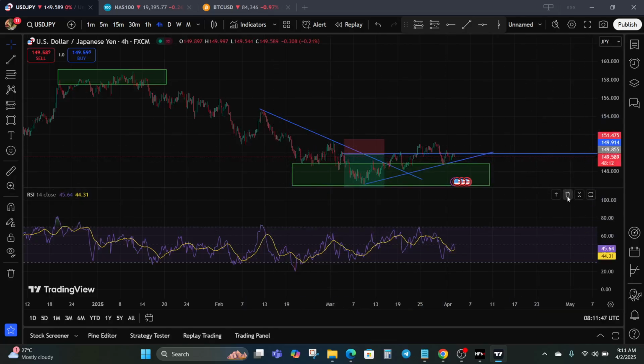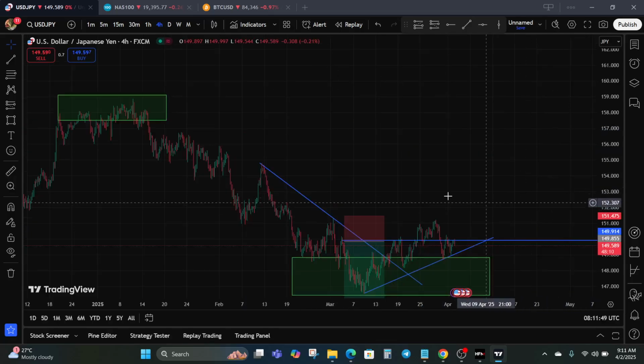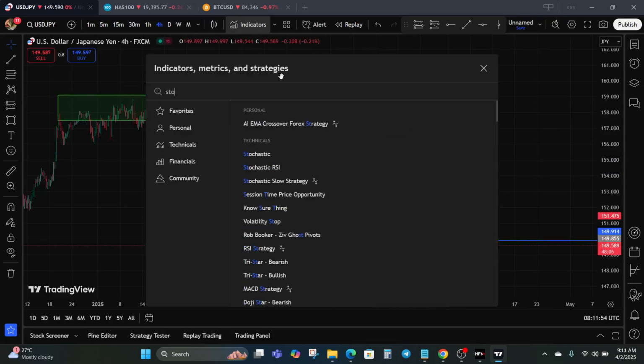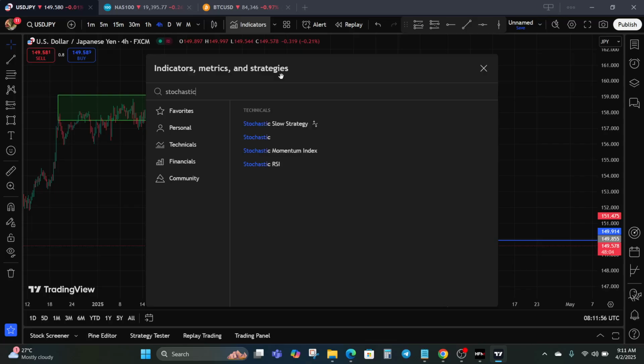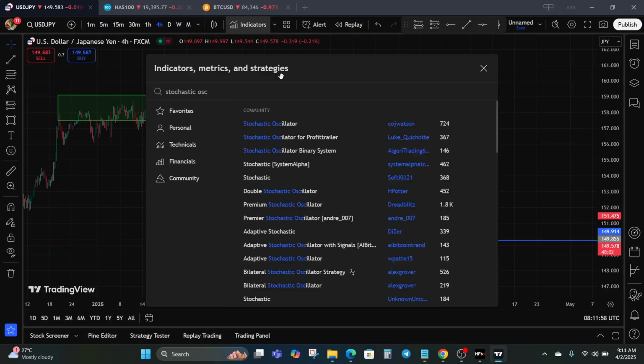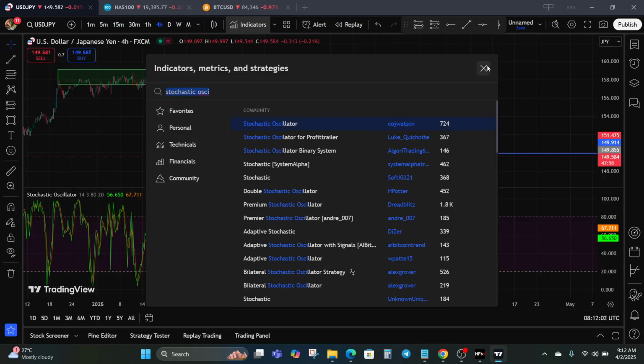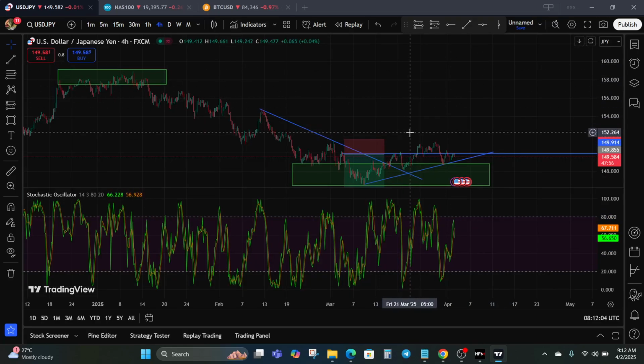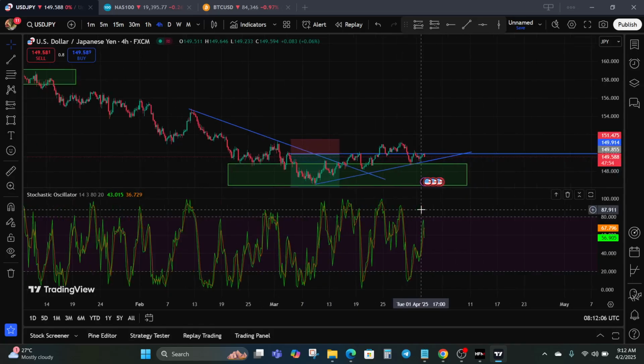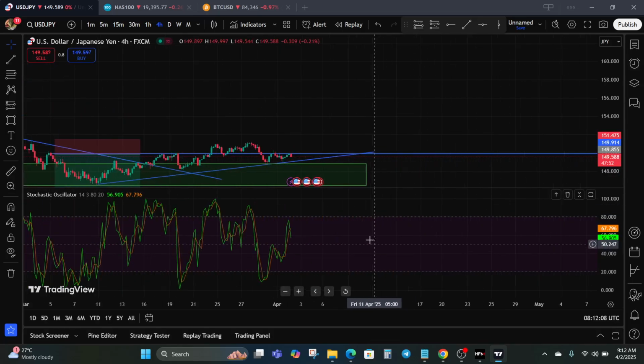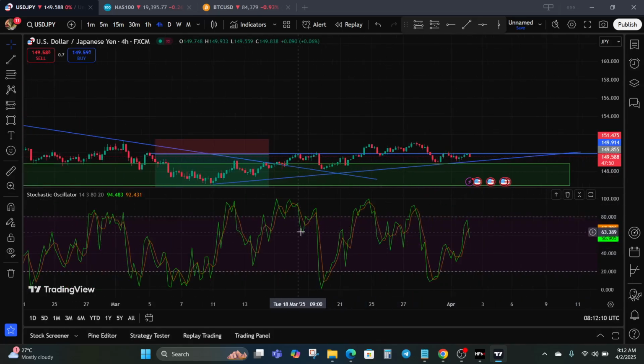The next indicator we are going to be looking at is the stochastic oscillator. The stochastic oscillator is another powerful momentum indicator that helps traders identify extreme price moves. As you can see, it uses 2 moving lines that fluctuate between 0 and 100.